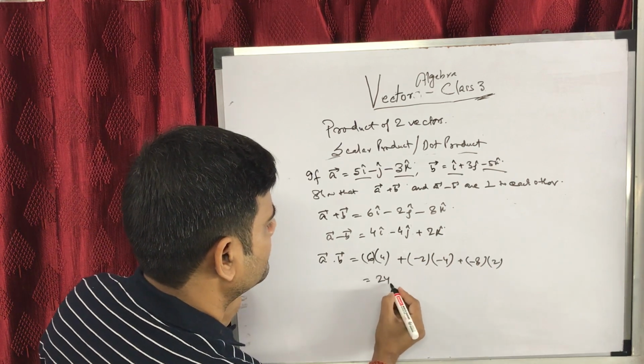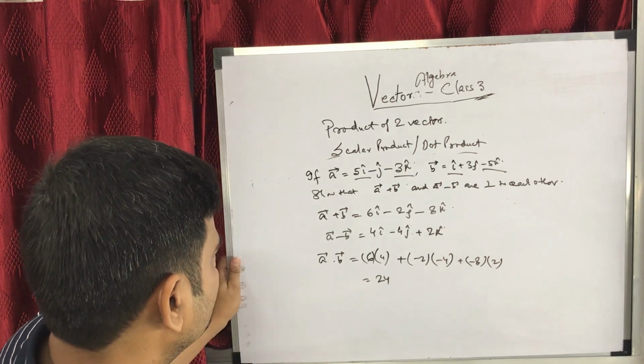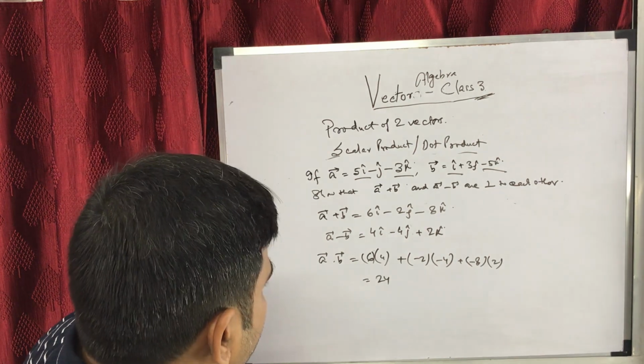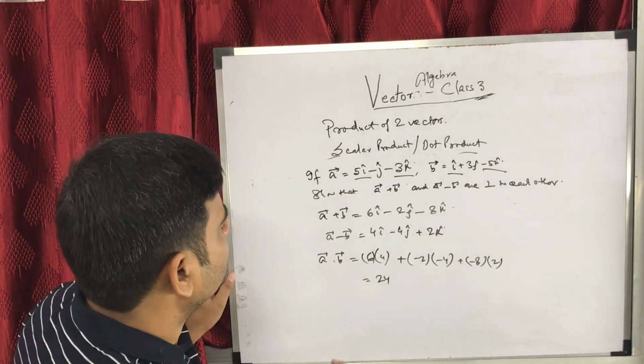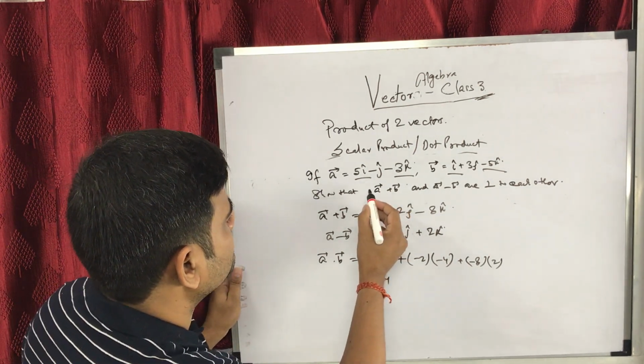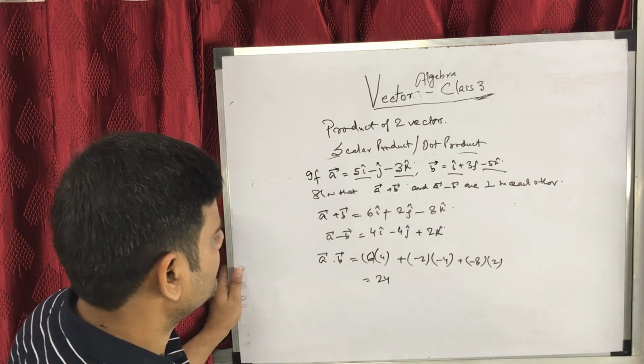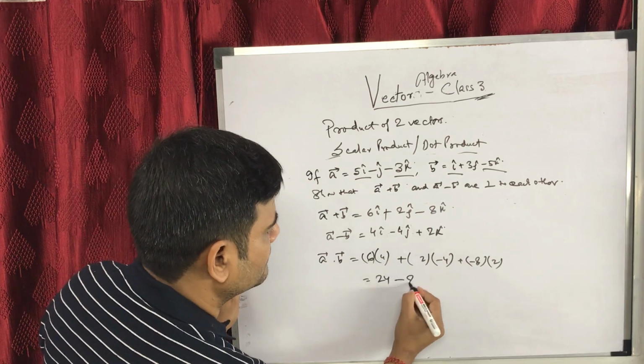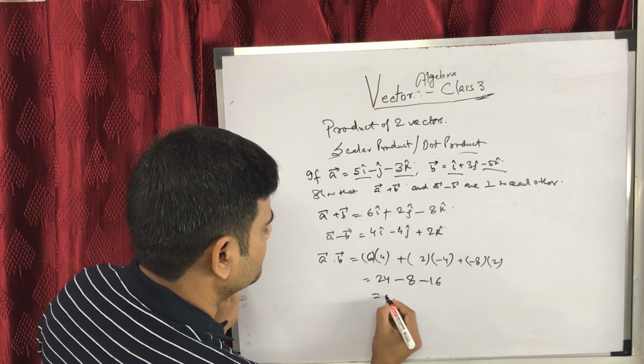This is 24. No, something I have done wrong. This should be plus. Yes. 24, this is plus 8 minus 16, so this is equal to 0.